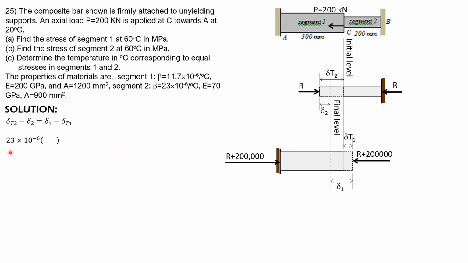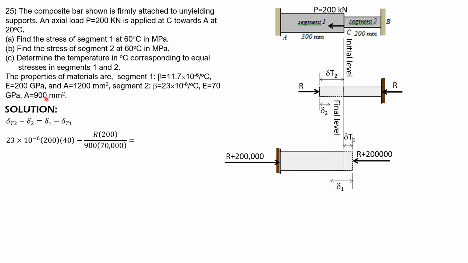Delta T2 is 23 times 10 to the negative 6 times length 200 mm, segment 2. Change in temperature is from 20 to 60, so 60 minus 20 is 40. Then delta 2 is the force in segment 2, which is R, times length 200 over area of segment 2.